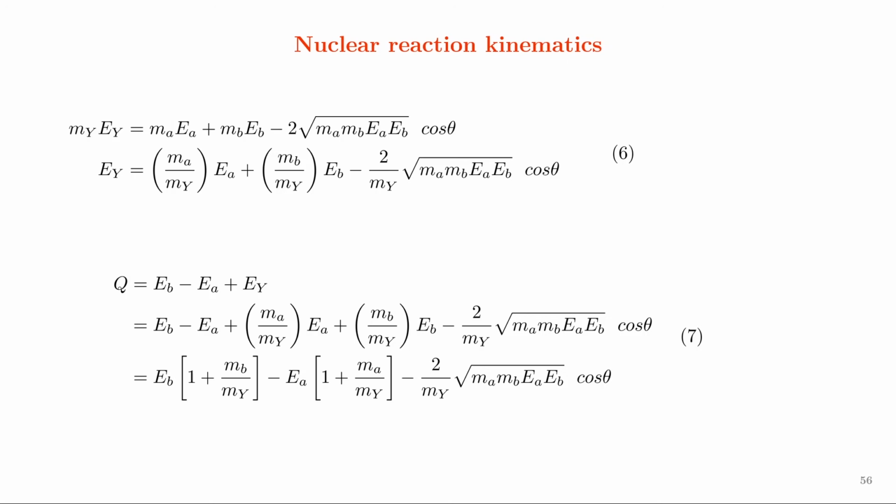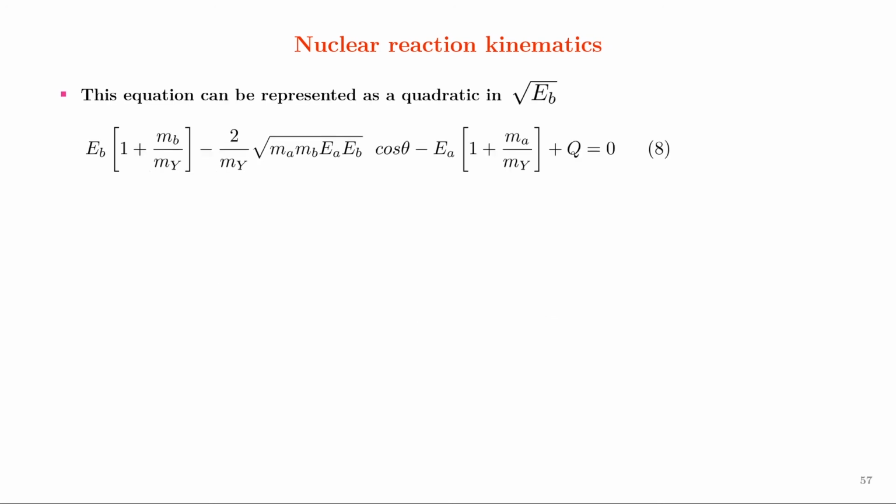A rearrangement of the equation gives EB times 1 plus MB over MY, minus EA times 1 plus MA over MY, minus 2 over MY times square root of MA MB EA EB times cos theta. This equation can be represented as a quadratic in square root of EB.